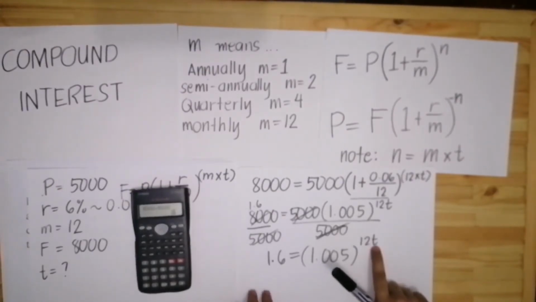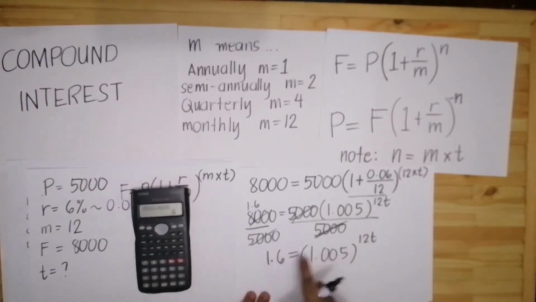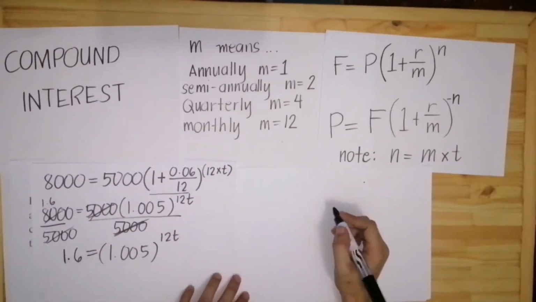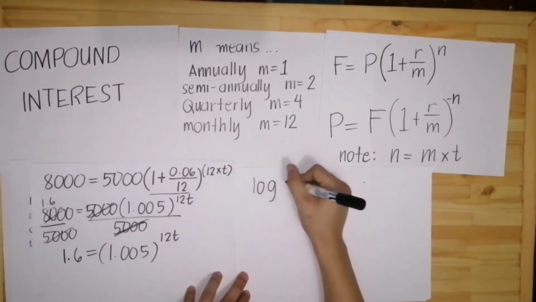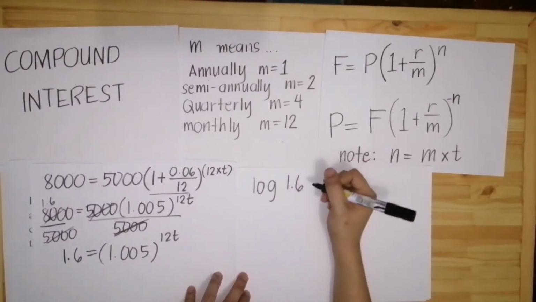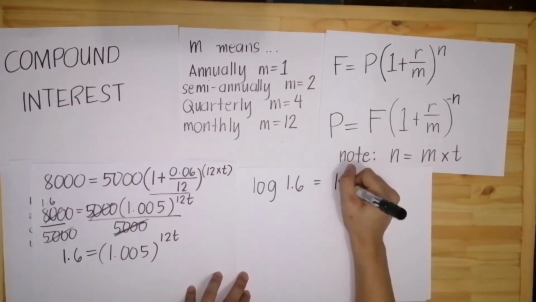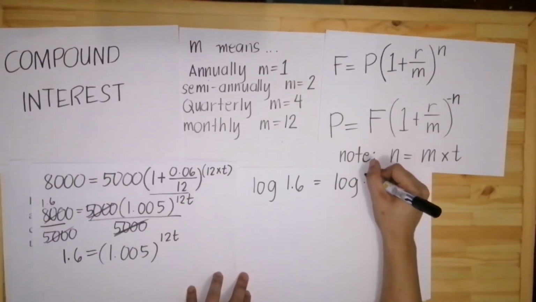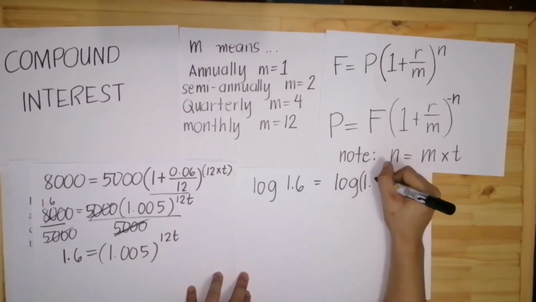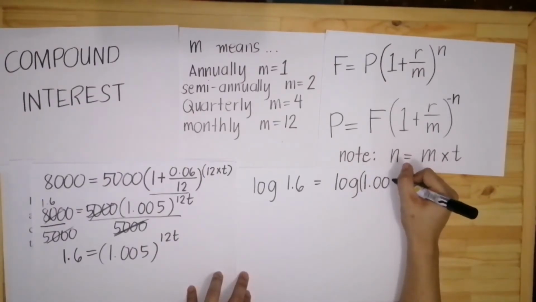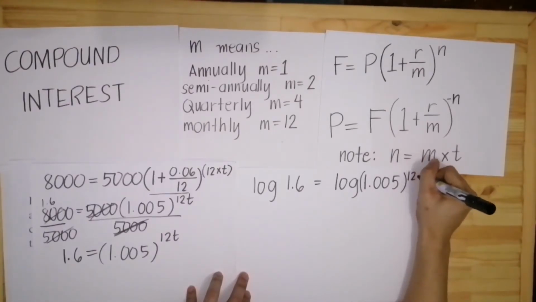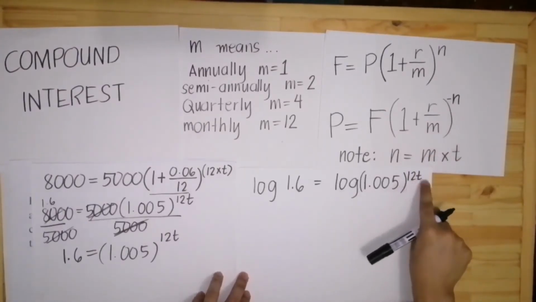Kapag gagawin kayo ng logarithm, lalagyan mo lang ng logarithm both sides dito, to the base 10. So, log 1.6 equals log 1.005 raised to 12t.